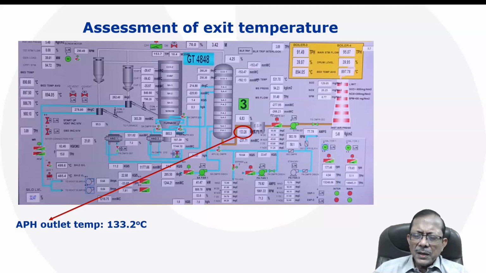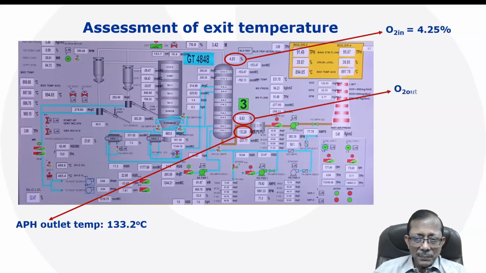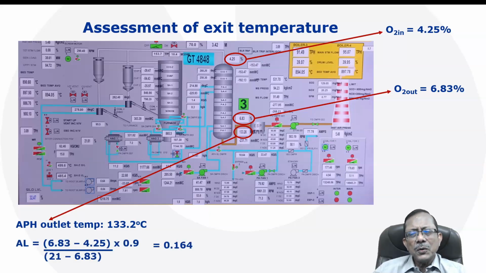If you see the inlet and outlet O2, the inlet O2 was coming to 4.25%. Outlet O2 they have been measuring, good thing about them, is 6.83%, right? Using that AL formula, the air leakage formula, that gives you an air leakage of around 0.164, that is 16.4%. And mind you, this was a tubular air preheater.